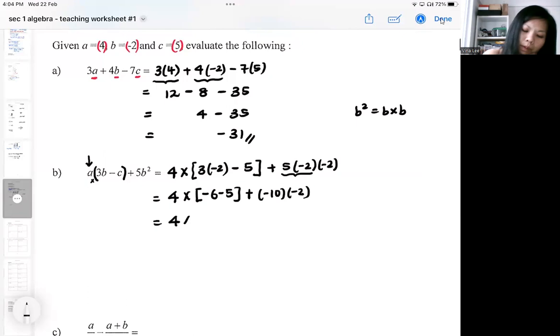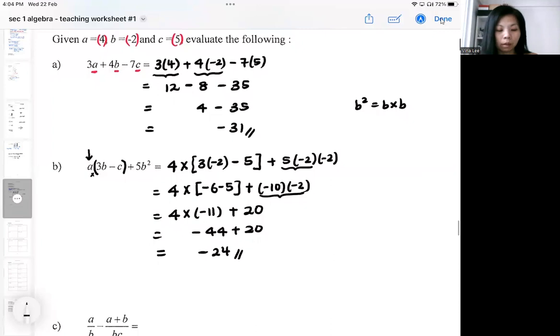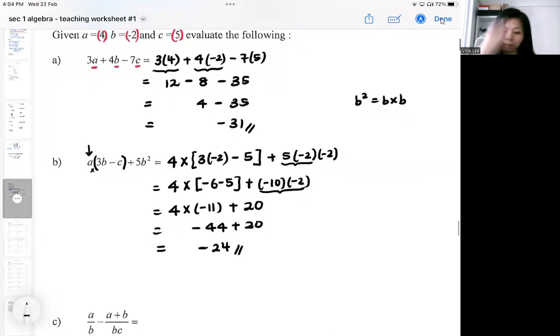I'm still doing my bracket. So this part will become +20. It becomes very similar to your chapter 2. So that's it. You put in and you just multiply with your idea of your 4 operations, your brackets. Even if it comes to fractions, it's the same thing.